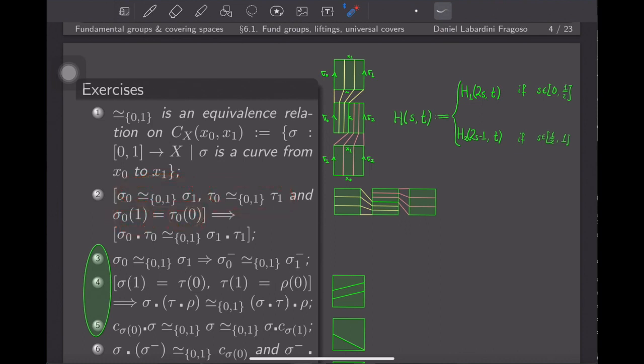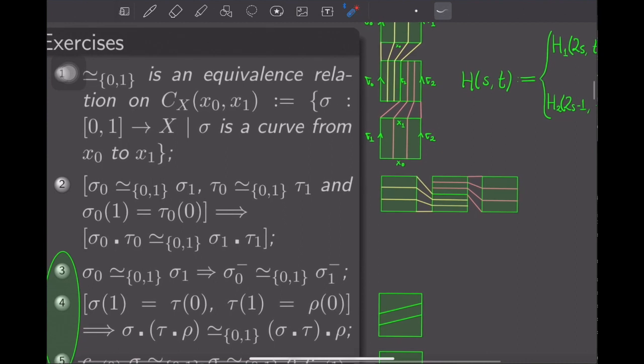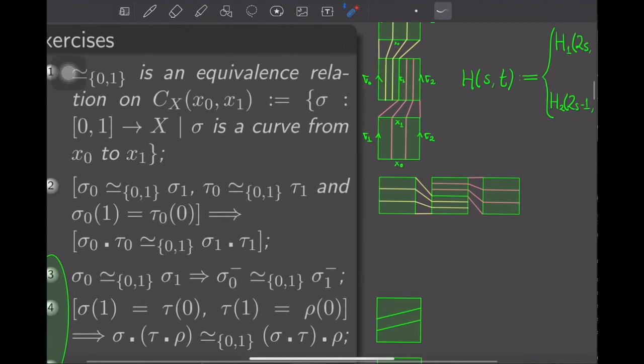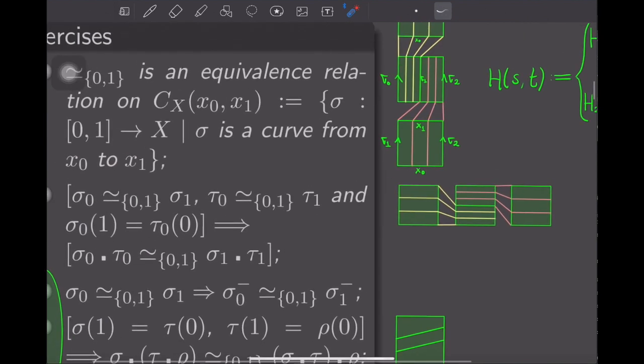In other words, not only do I have these homotopy relations, but also concatenating this one with this one and this one with this one makes sense. Then the concatenations are homotopic relative to endpoints. That is, homotopy relative to endpoints and concatenation are compatible, provided concatenation makes sense.